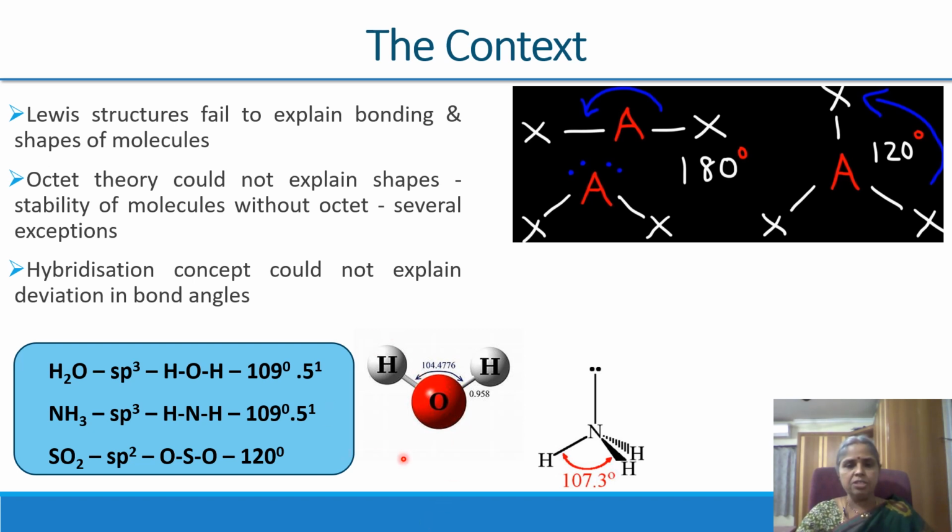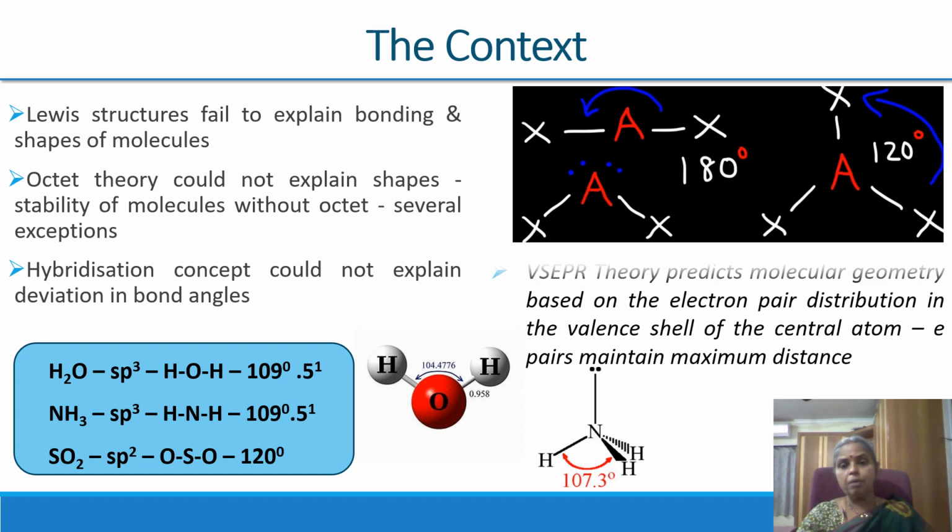You can see it is only 104.5 in water. If you see the ammonia molecule, you can see the bond angle is only 107. If you see the SO2 molecule, it has to be sp2 hybridization, 120, but the bond angle is less than 120. So, in order to account for these anomalies, the VSEPR theory has been proposed.